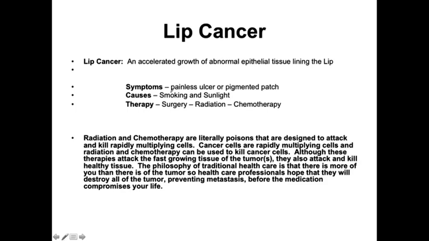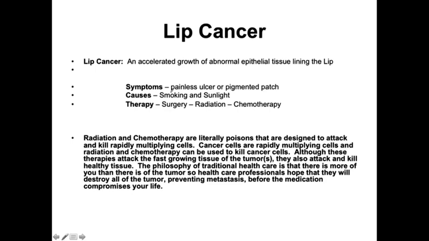It doesn't really exist. So, radiation and chemotherapy, these are poisons, and they're designed to attack and kill these rapidly multiplying cells. And cancer cells are rapidly multiplying, and the radiation and chemo is designed to kill those cells. Although the therapies attack the fast-growing tissues of the tumor, they also attack the healthy tissues.